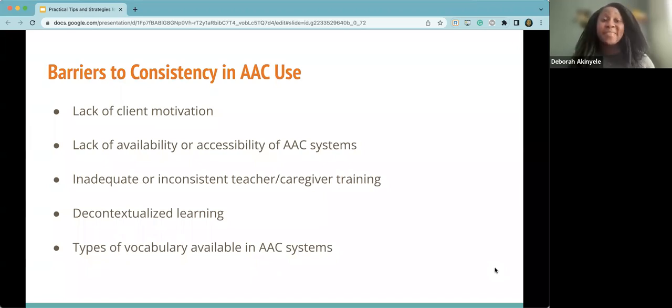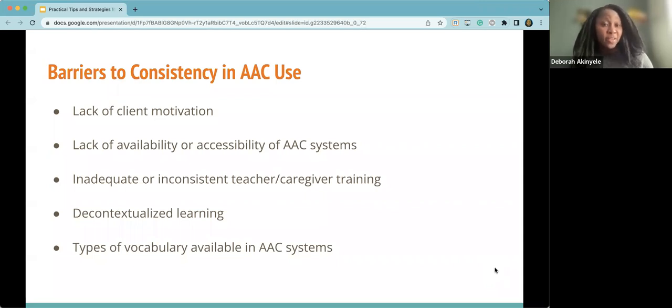Another barrier is when we have insufficient or inconsistent training for teachers and caregivers. And this is another one of those barriers where as SLPs, we have the training and we have the understanding of how beneficial AAC devices and other tools can be.